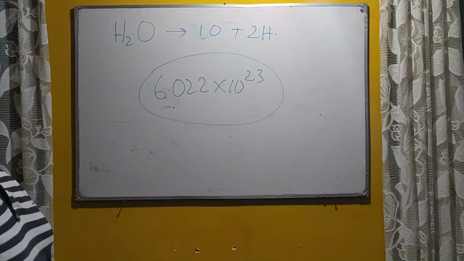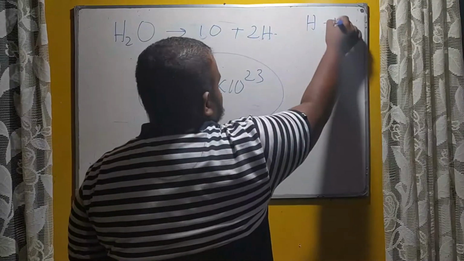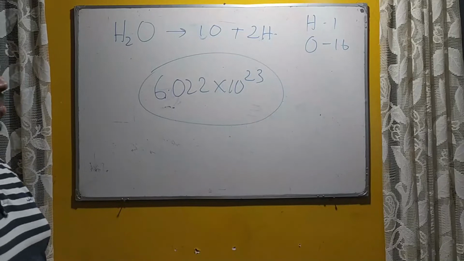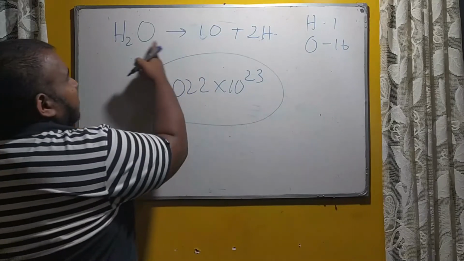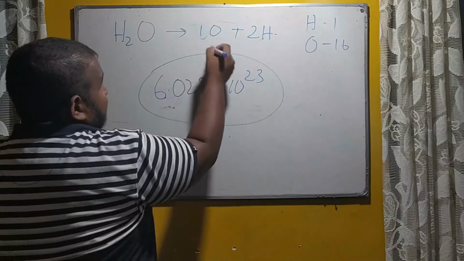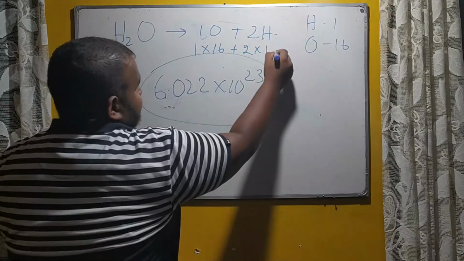The relative atomic mass of hydrogen is 1 and oxygen is 16. So just find the relative molecular mass of water: 16 plus 2 into 1, that is 18.